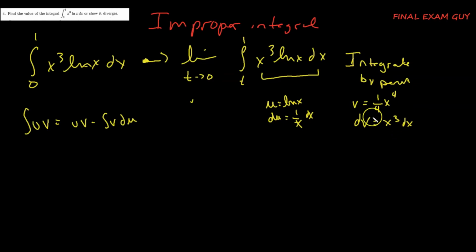So now we can set up the integration by parts. It is equal to u times v, ln x times 1 over 4 x to the 4th, minus the integral of v du. The integral should be really easy. If it's so complicated, you're doing something wrong. So v du, v is 1 quarter x to the 4th times 1 over x dx.